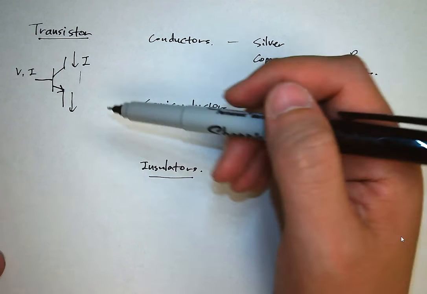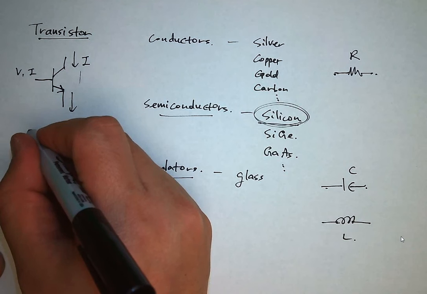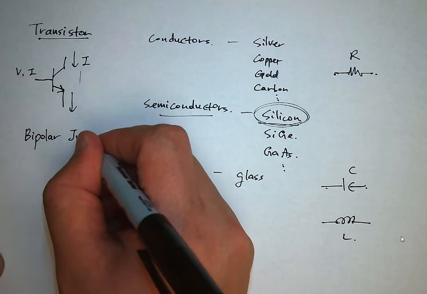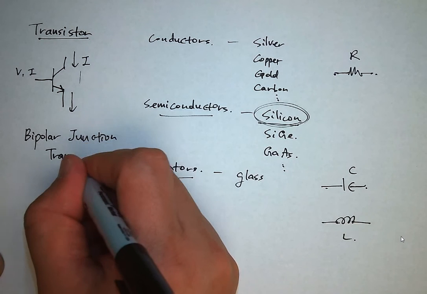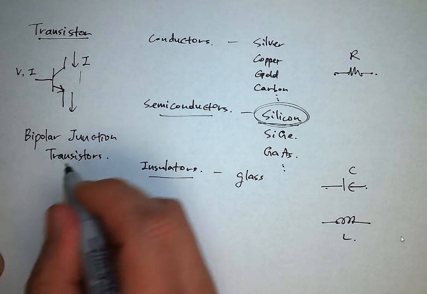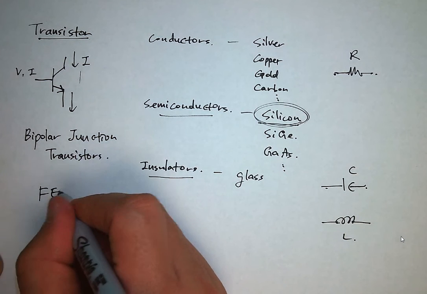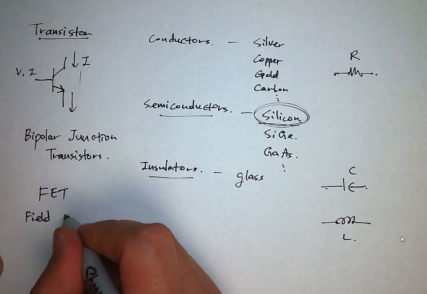So for transistors you have BJT transistors, which are called bipolar junction transistors. You also have MOSFET transistors, or FET. This is called field effect transistors.